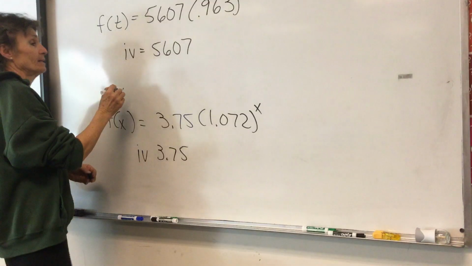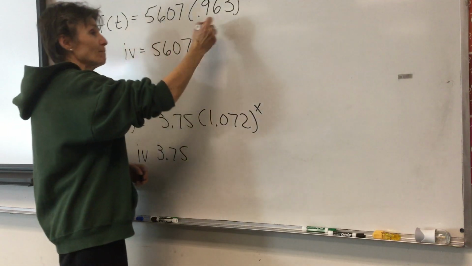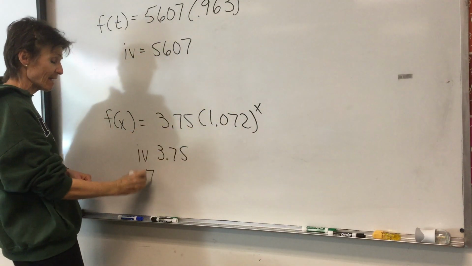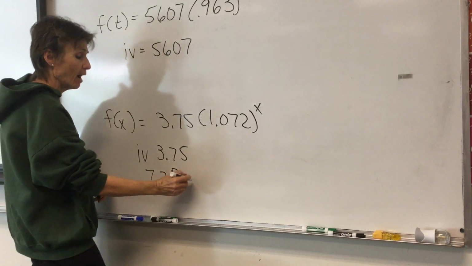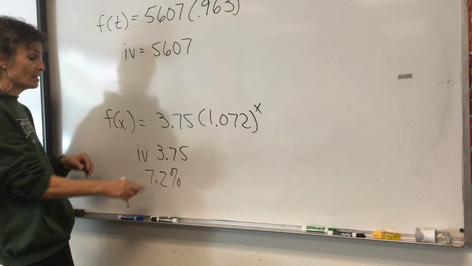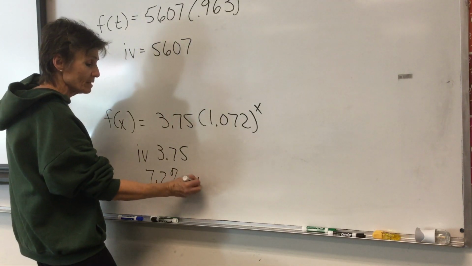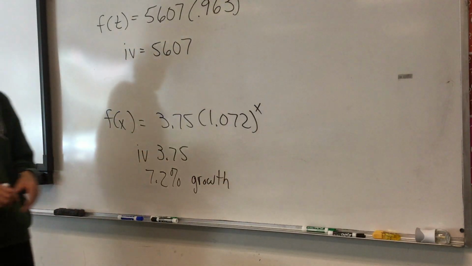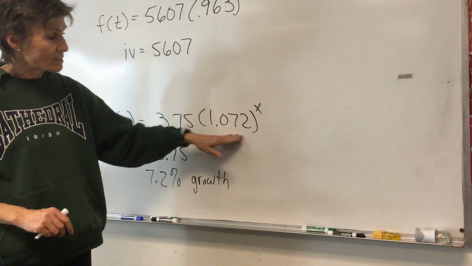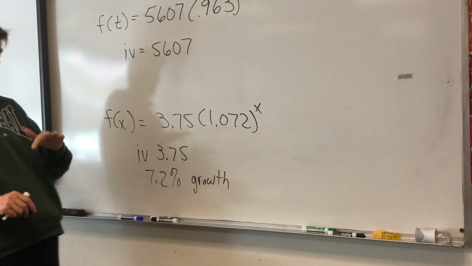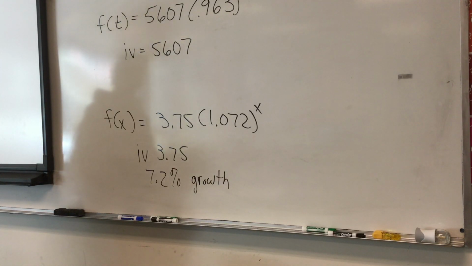Now, the rate of growth or decay is how much different than 1 you are. So this one is 7.2% above 1, or it's 0.072 above 1, which is 7.2%. So this second one is 7.2% growth because we are 0.072 more than 1. The amount that we are either more than 1 or less than 1 is our rate of growth or decay.